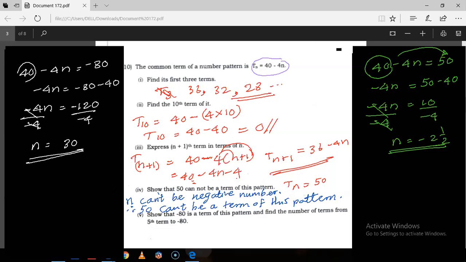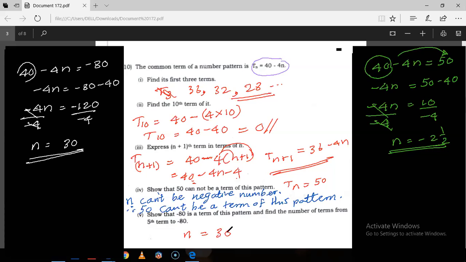N is 30. Then they are asking the number of terms. How many? 30. So there are 30 terms. N equals 30.